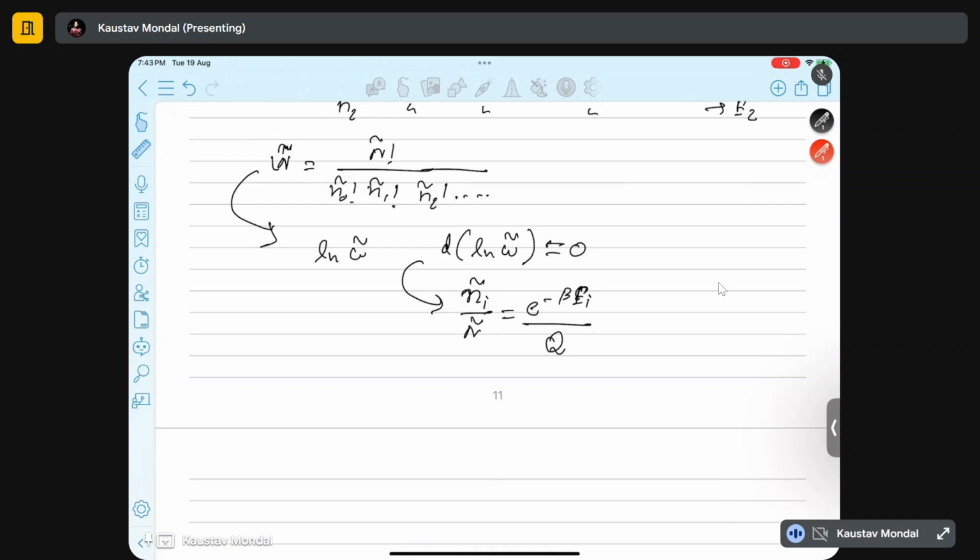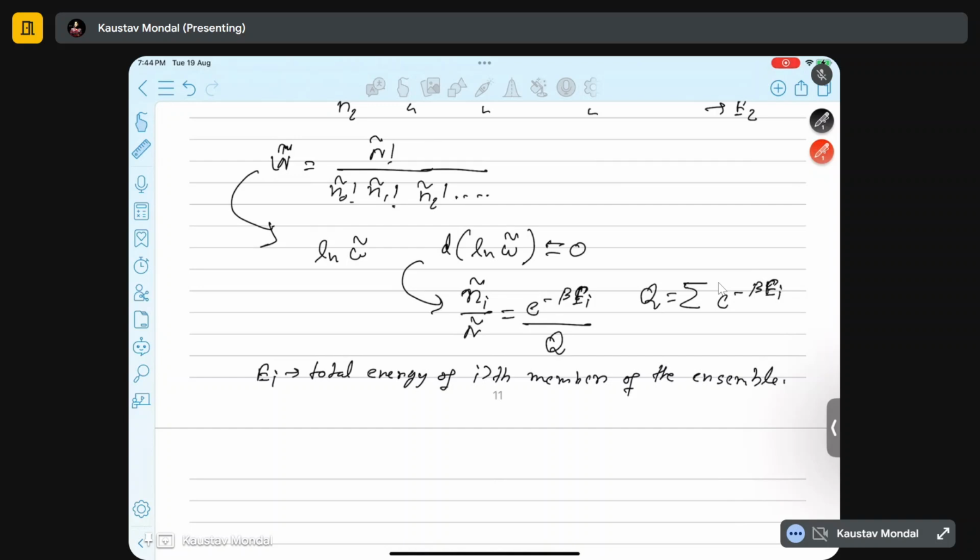Here Q is the microcanonical partition function of beta, Ei. Remember, here Ei is the total energy of the ith member of the ensemble.